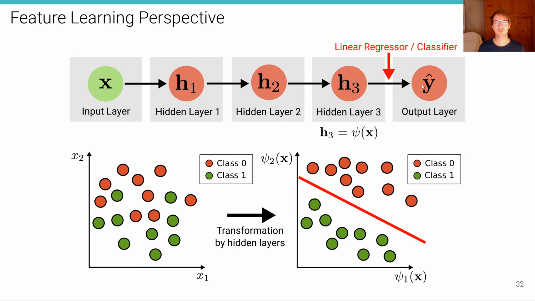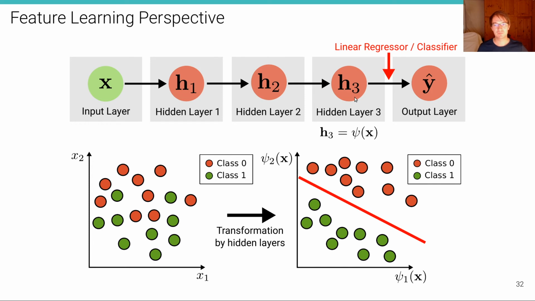So the last one is also a logistic regressor, which means that it can only linearly distinguish data points. So what the earlier layers should do is transform the data in a way that it becomes linearly separable. And this is illustrated here.